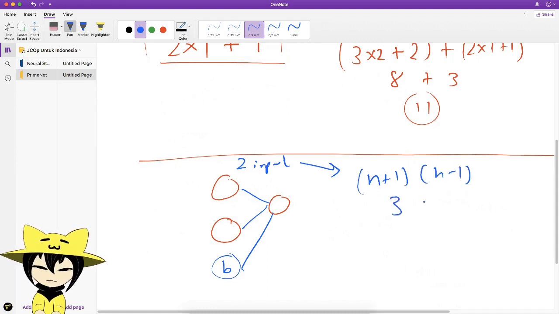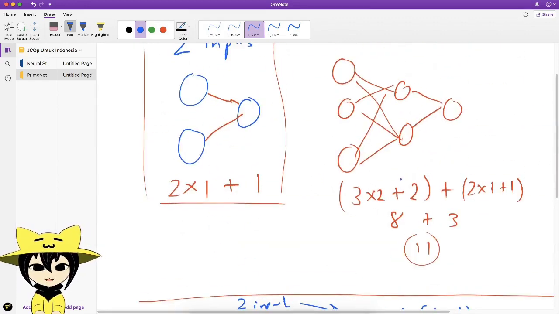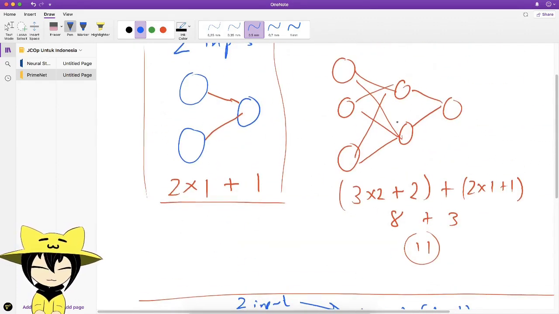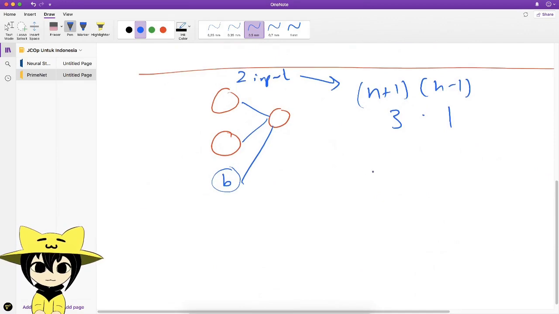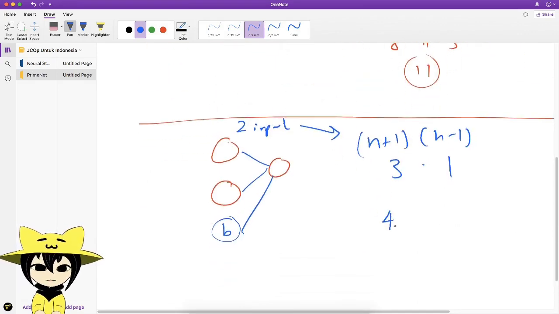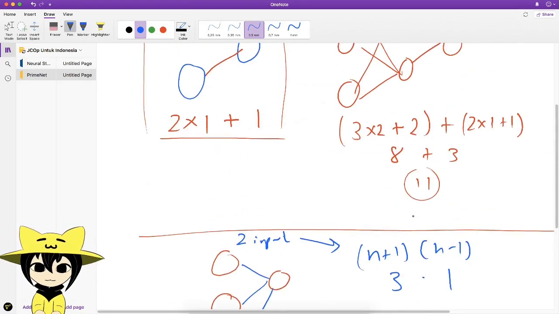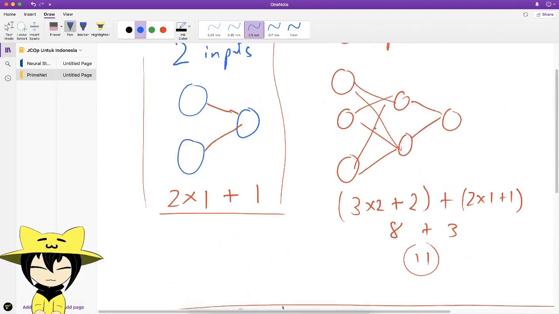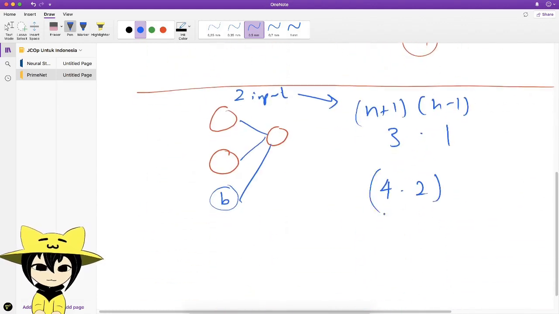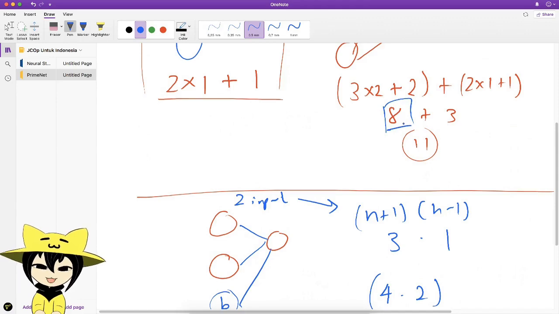So it will be 3 times 1. For instance, if this is 3 and 2, it would be n plus 1, 4, times 3 minus 1, which is 2.